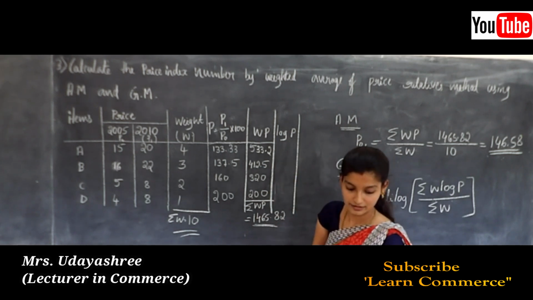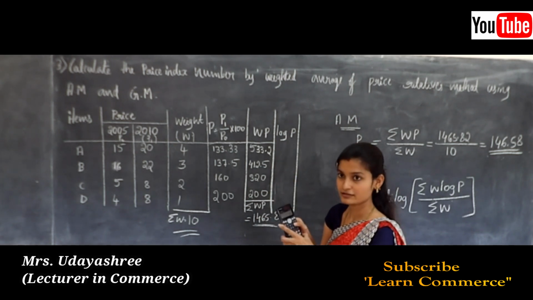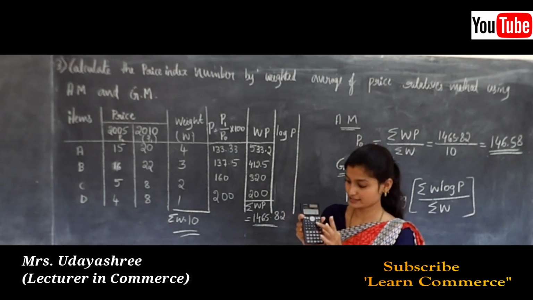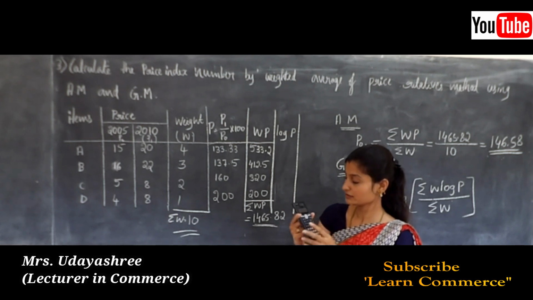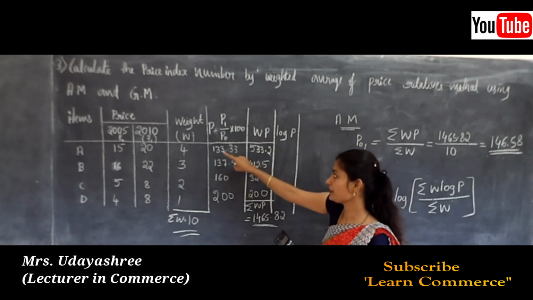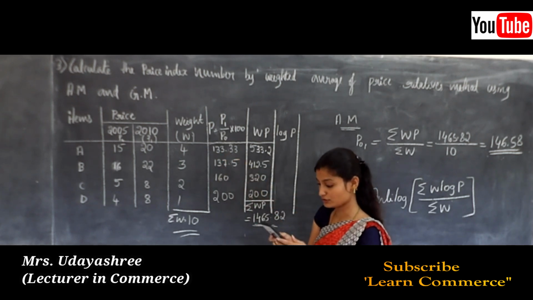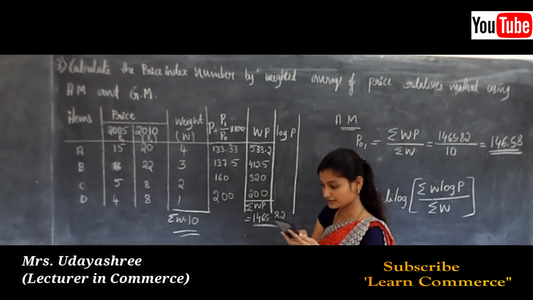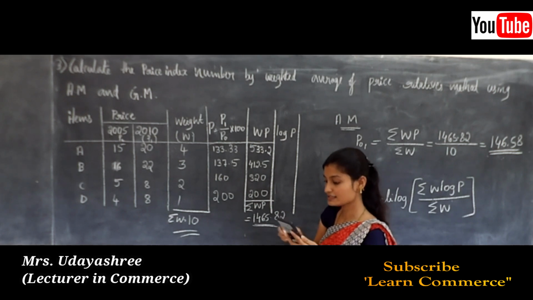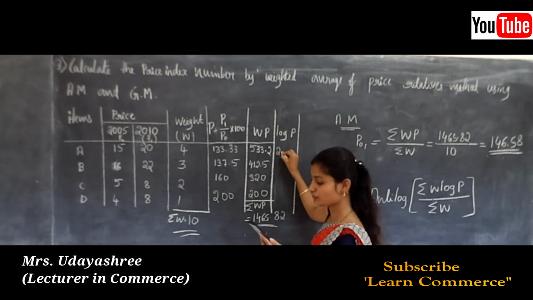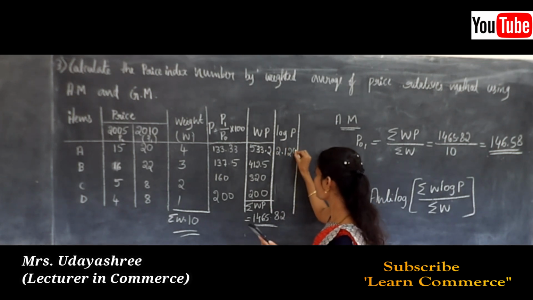See, in our calculator, first the log term is there, log P. What is P? The first value of P is 133.33. So log 133.3, the answer is 2.124.